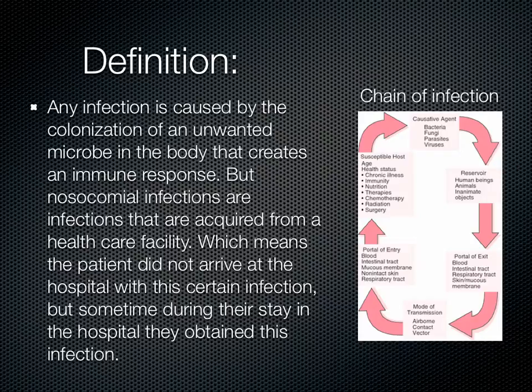On the right is a picture of the chain of infection. Infections are caused by microbes such as bacteria, fungi, parasites, or viruses, which are introduced to a reservoir, which could be human beings, animate, or inanimate objects, and they exit the reservoir through the blood or intestinal tract, respiratory tract, skin, or mucous membranes, and they can either be transmitted through the air or direct contact or by vectors, and then they enter a new reservoir through the blood, intestinal tract, mucous membrane, non-intact skin, or the respiratory tract.